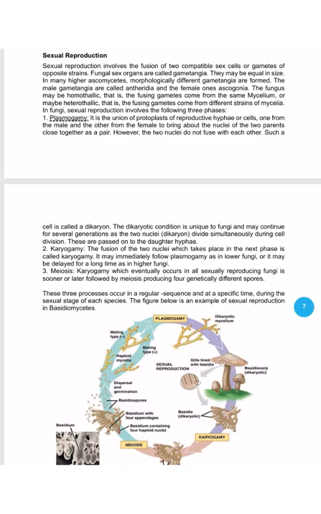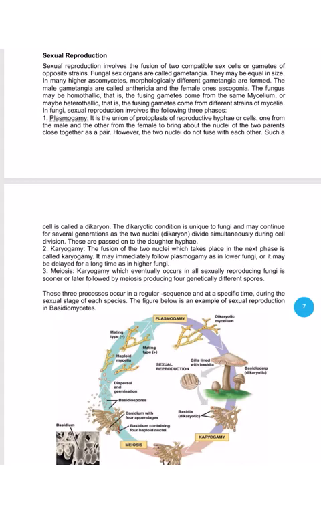The name might differ from one genus to another. In Basidiomycetes, they have different names. So they have the basidia, which is the male one, and then we have the basidiocarp, where the two cells come together to produce a diploid cell.